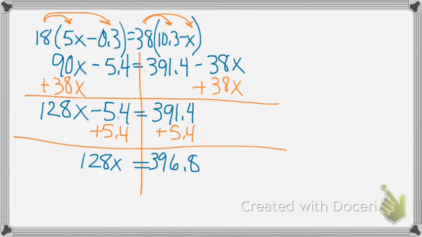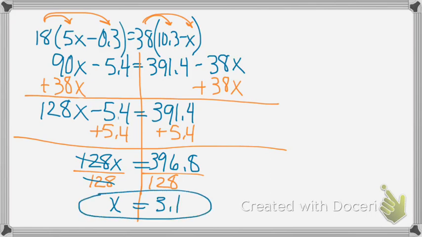So then my next step is going to be to divide by 128 to get x by itself. And this actually comes out evenly. We don't have to round it. So x is equal to 3.1.